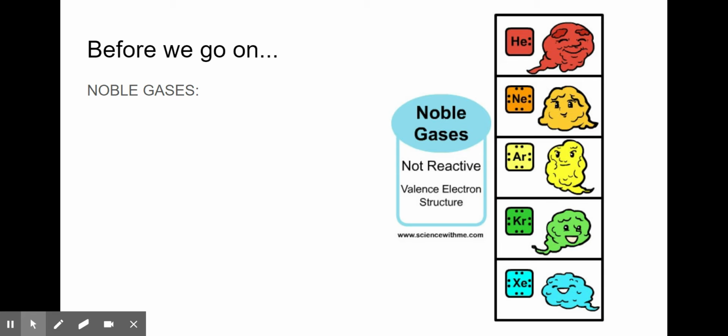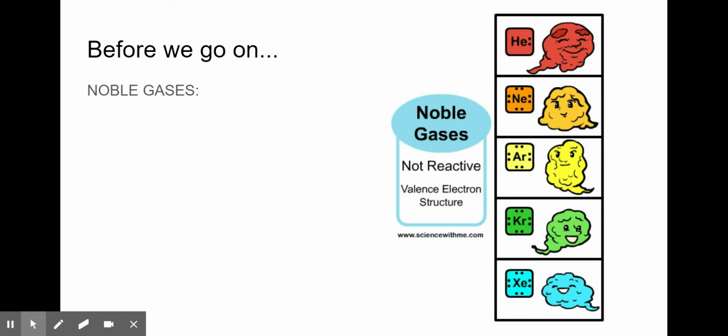Okay, in the last lesson, you learned that valence electrons are really important. The outermost shell is called our valence shell. And we want those valence shells to have two, for example with helium, or 8 valence electrons to be considered neutral, or full.